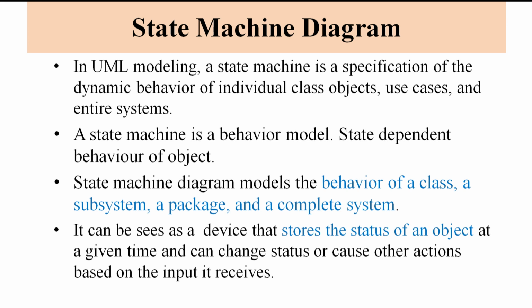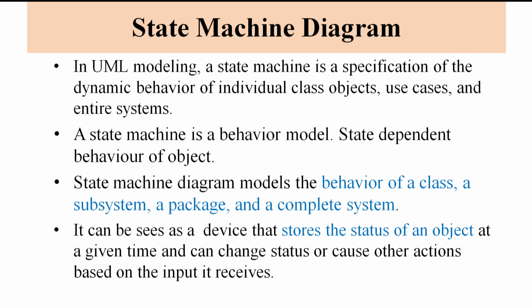A state diagram can be seen as a device that stores the status of an object. Status of an object means the values of the attributes associated with the object at a particular moment of time. That state is stored, and on the basis of certain events that state changes, which is also depicted and shown in the state diagram.